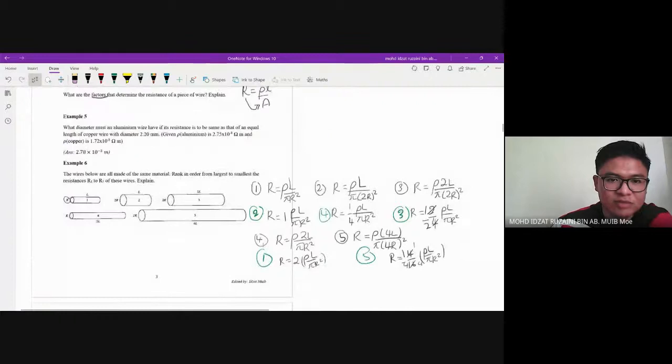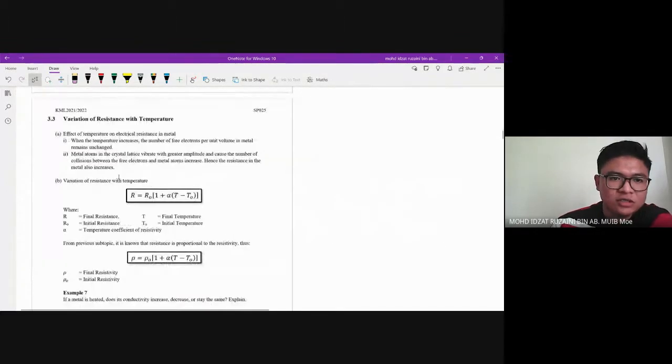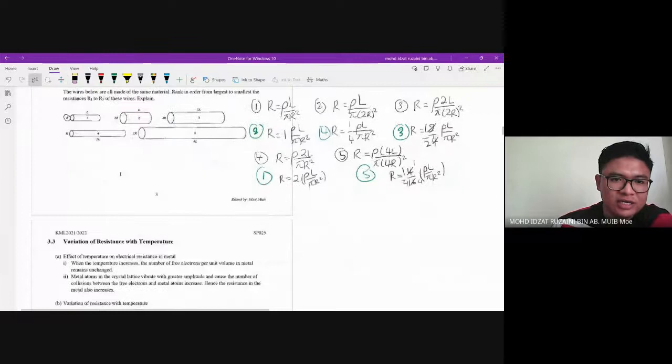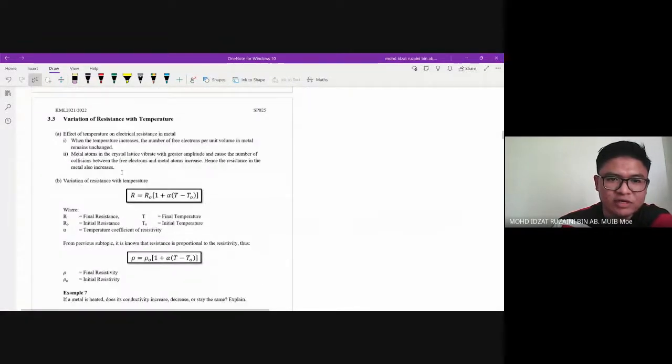Settle. So kalau kamu nak buat balik kemudian ni kamu cubalah buat balik. Fahamkan balik macam mana soalan ini dia minta apa. Okay, so nombor 3.3, okay, next subtopic ialah 3.3, variation of resistance with temperature. Okay, so this one, kenapa kita nak dalam Ohm's law is state that if temperature is constant. Okay, kerana apa?